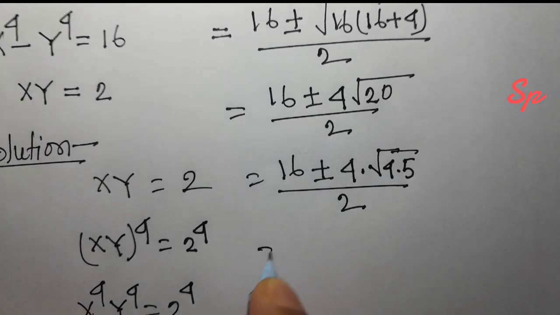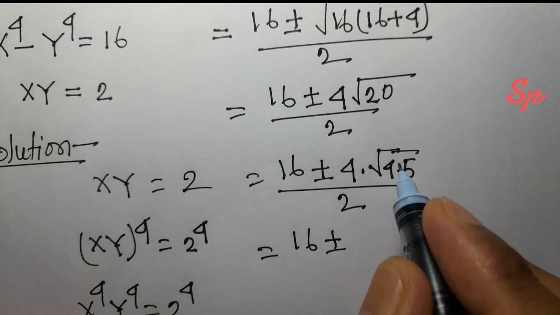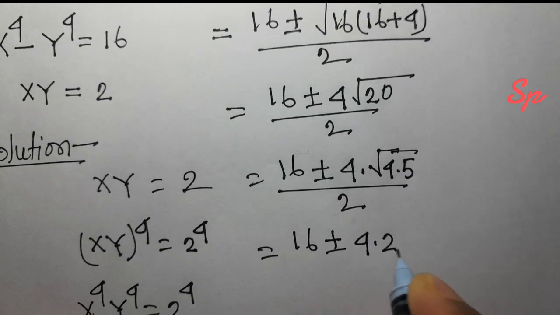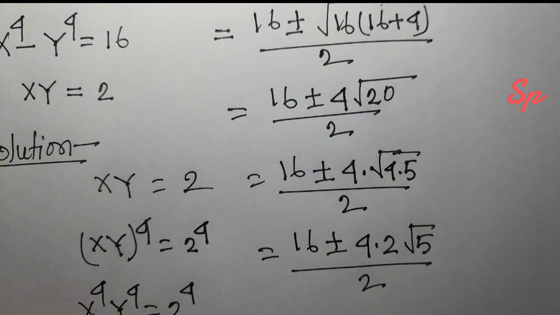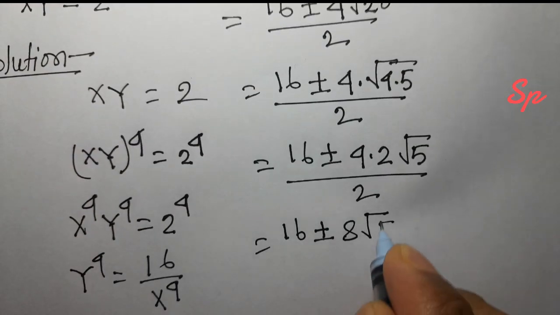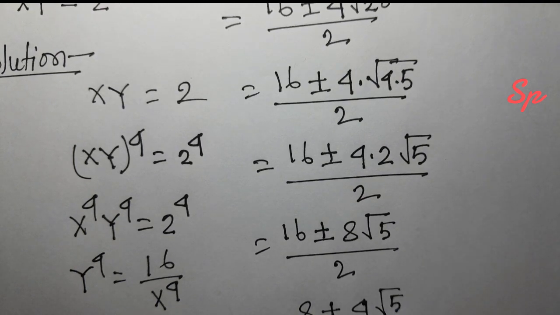Okay friends, then 16 plus minus root 4 is equal to 2, and root 5, by 2. Here is 16 plus minus 8 root 5 by 2. So 16 by 2 is equal to 8 and plus minus 4 root 5.